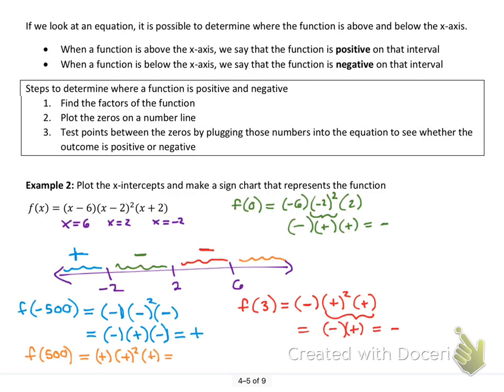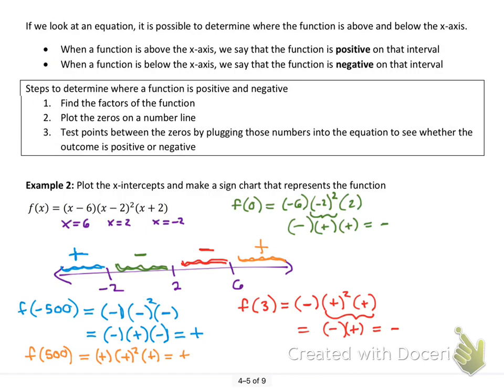So positive times positive is positive, which means that it's above the x-axis in the blue area, below the x-axis between negative 2 and 2, below the x-axis between 2 and 6, and above the x-axis beyond 6. Now this is going to be important when we go to graph stuff.